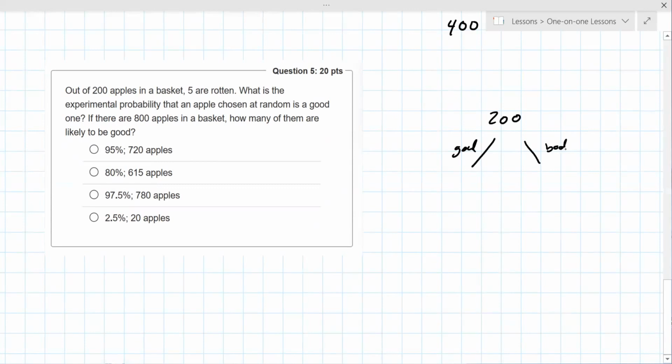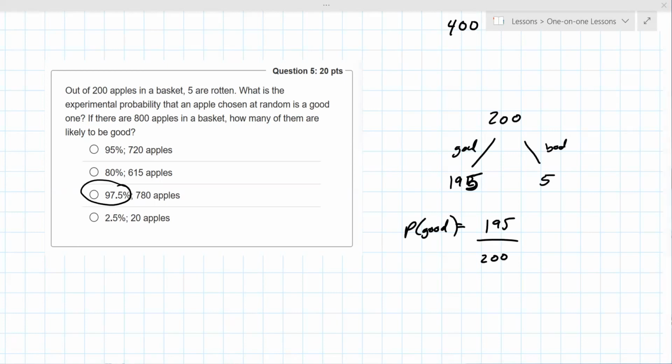So how many are bad? 5 are rotten, and 195 are good. So the probability of getting a good one is 195 out of the total, which is 200. So that's this one right here.